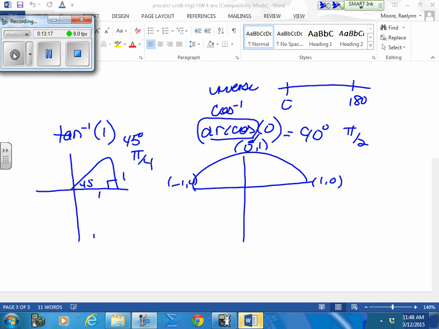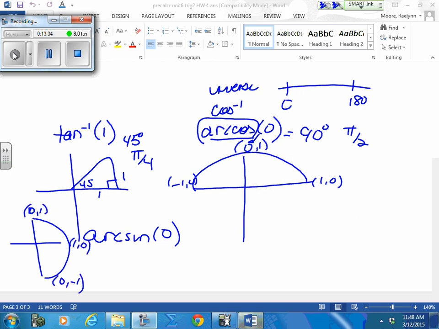Arc sine of 0, where is sine restricted to? 1 and 4, from here to here. And the 0 means it's falling on one of the quadrant angles. So for my quadrant angles, where's my 0? At the 0.